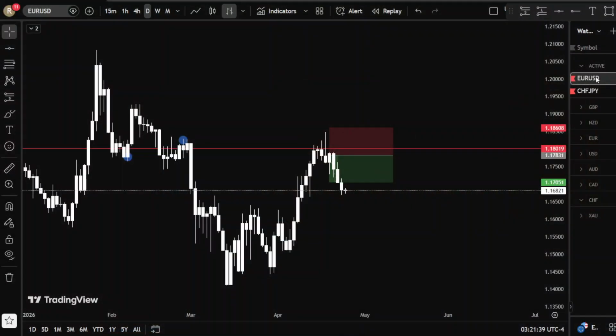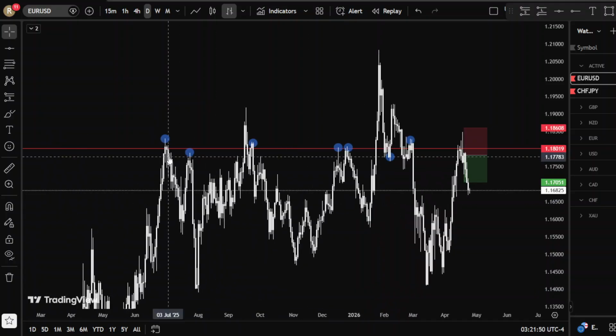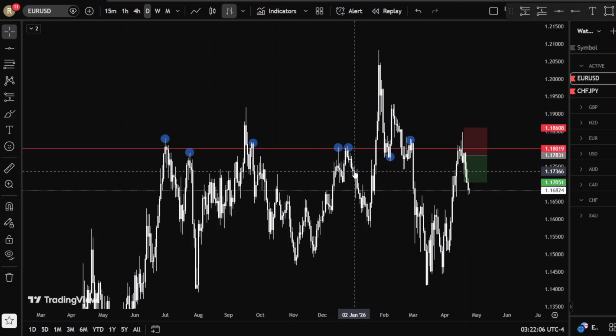Well, first off, in the last video, I showed you this trade on EURUSD. I entered it because basically on the daily time frame, it's a strong area where price tends to reject when it comes into it. It goes down here, down here, down here, down.